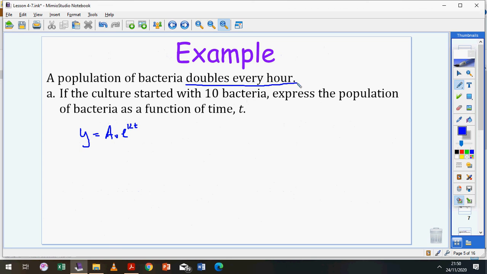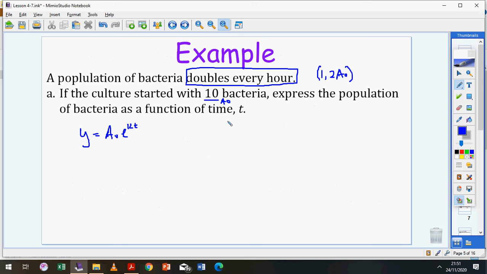It's doubling every hour, so that means that after 1 hour, which is the time, we'll have twice the initial amount, right? Because it's doubling every hour. And then we have some more information here. If the culture started with 10 bacteria, that tells us that the initial amount is 10. Express the population of the bacteria as a function of time. So they just want us to write the equation for this situation.